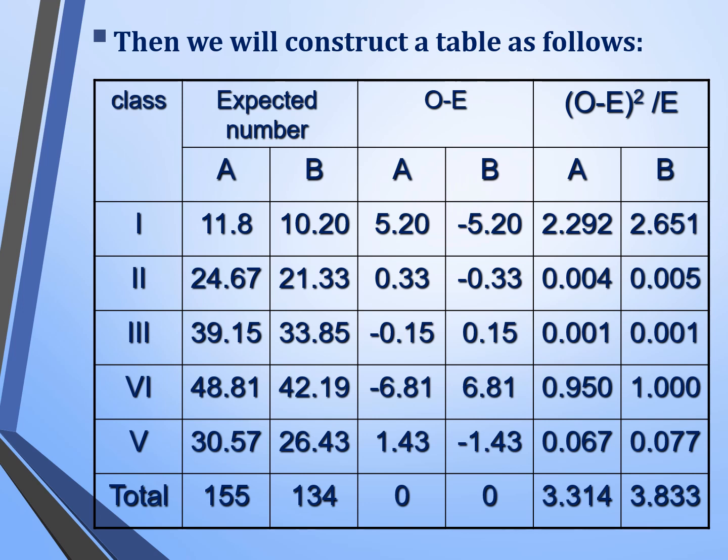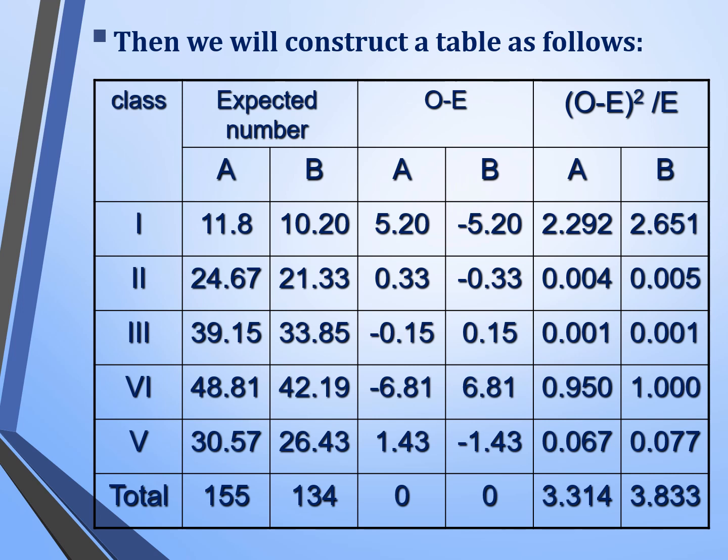We may notice the following here. First, the sum of the expected number is always equal to the sum of the observed. So here you can notice that the sum of the expected numbers of sample A, which is 155, is equal to that of the observed numbers in the previous table, which is also 155.